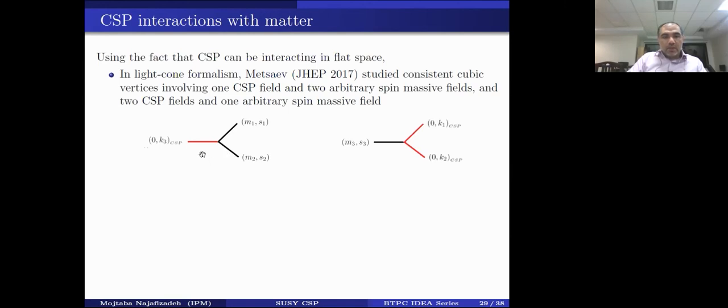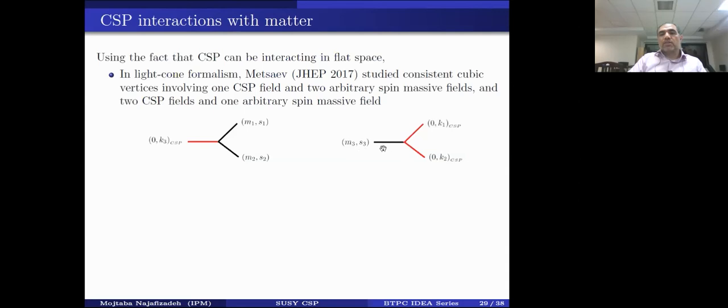He said that such a cubic vertex can be possible if you have a CSP and 2 massive particles with any spin, and also if you have 2 CSPs and 1 massive particle here. He showed that cubic vertices including 3 CSPs is not possible.